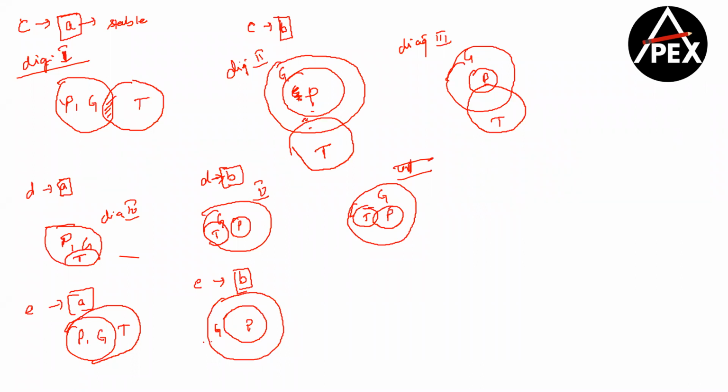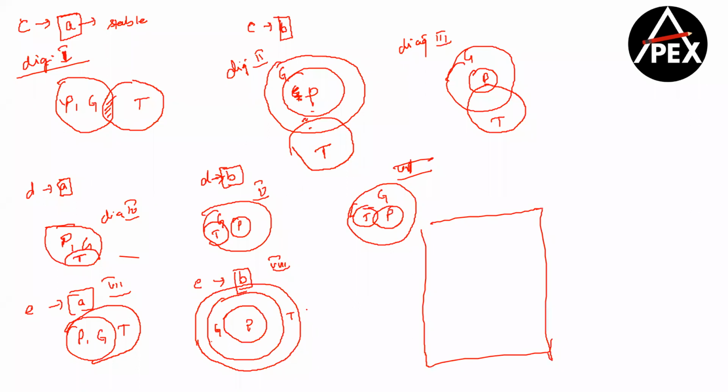Now, what do I know about G? I know that G is entirely inside T, right? So this is what will happen with E with B. So let me call this diagram 7, diagram 8. Okay. Now we'll have to go to step 3.